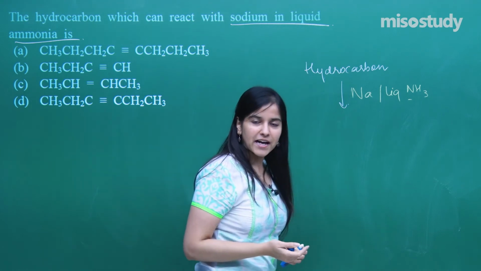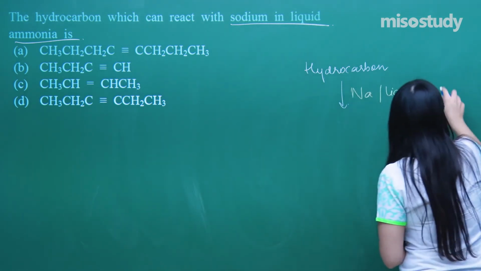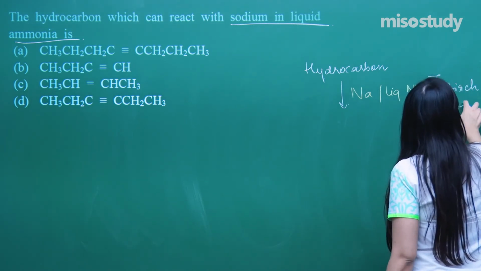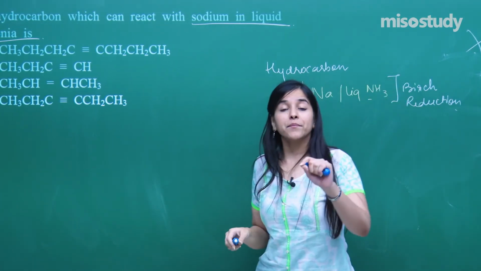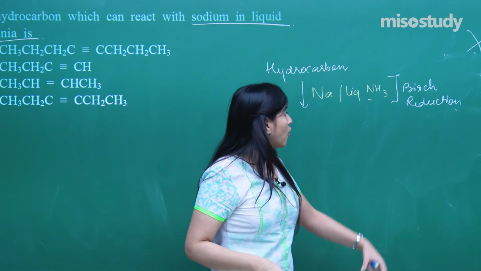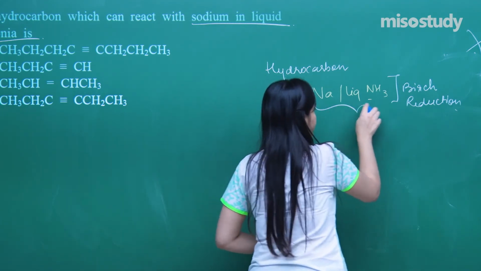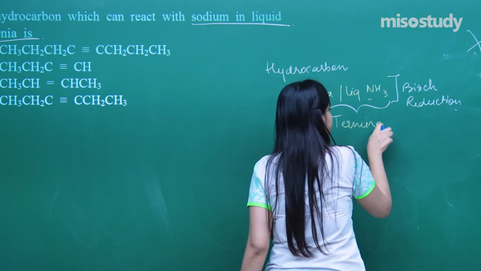This is a reduction reaction and it is known as what? This is known as Birch reduction. And just remember this very carefully, always this reagent acts on terminal alkynes.